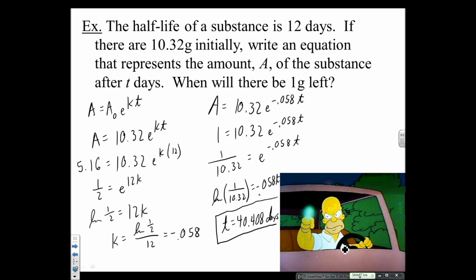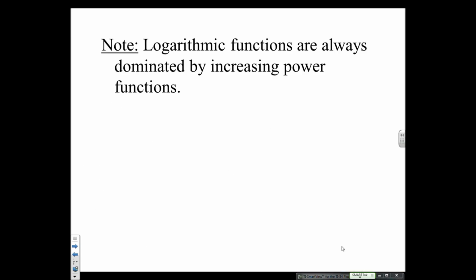Okay, so previously, I think it was last class, we talked about, as x goes to infinity, which functions dominate which other functions. Logarithmic functions are always dominated by increasing power functions. So as x gets really, really big, even though the logarithm is going to infinity, remember that a logarithm looks like this.